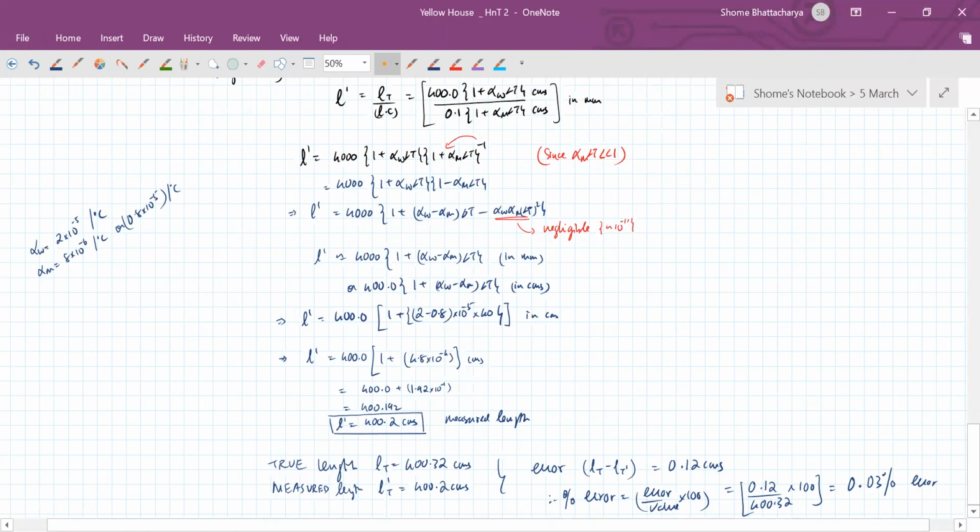So this is how we can show that the scale is making a 0.03% approximately error in measurement because it has expanded from its calibration temperature to the new temperature of 45 degrees C. It has expanded by a certain amount. So whatever measurement we make using that scale, it will have a percentage error of about 0.03%.